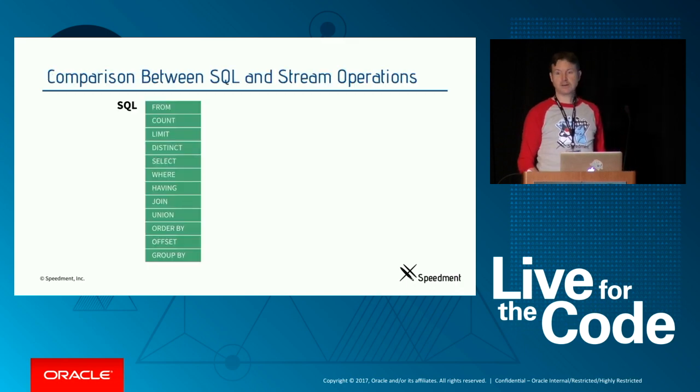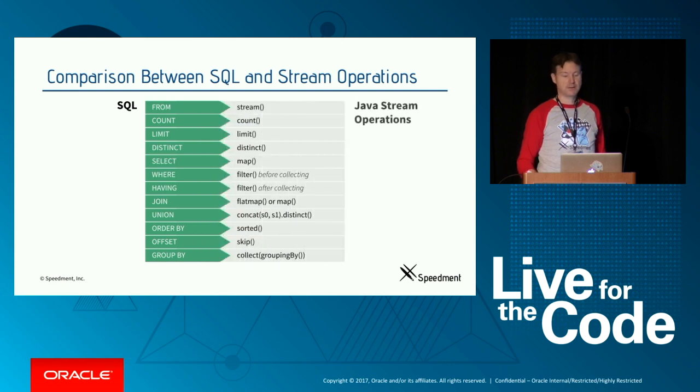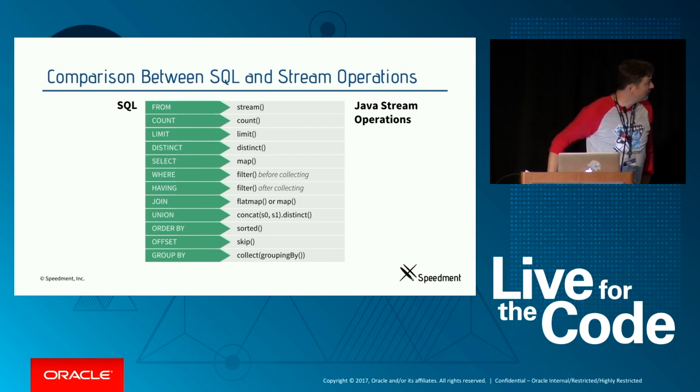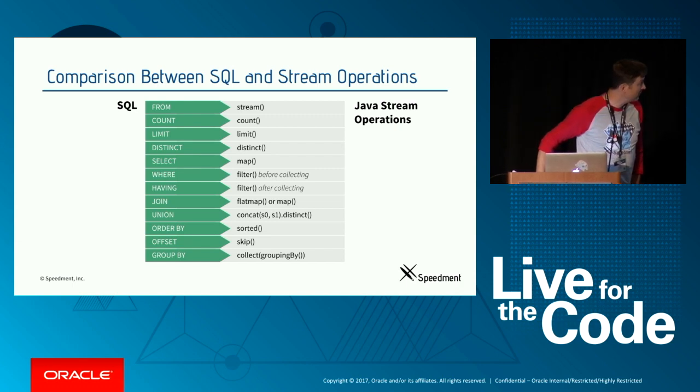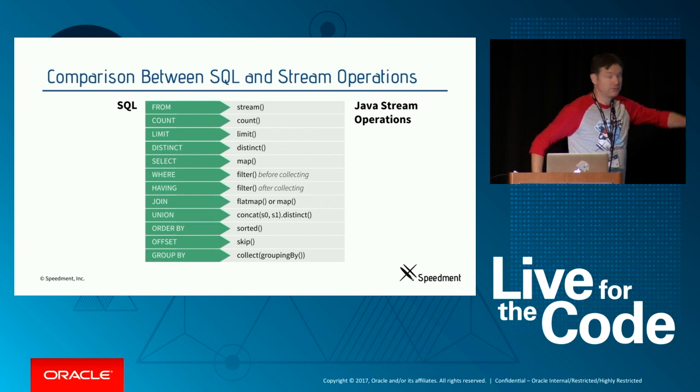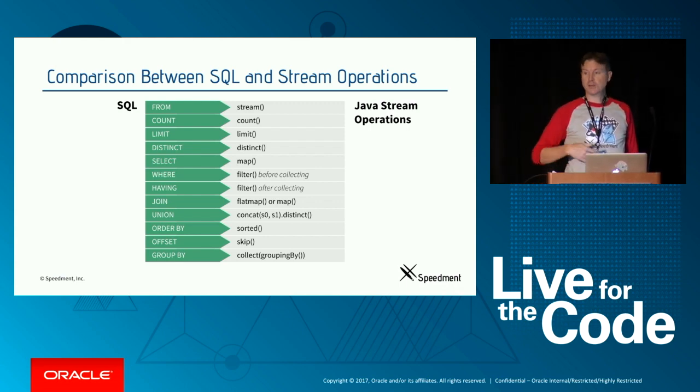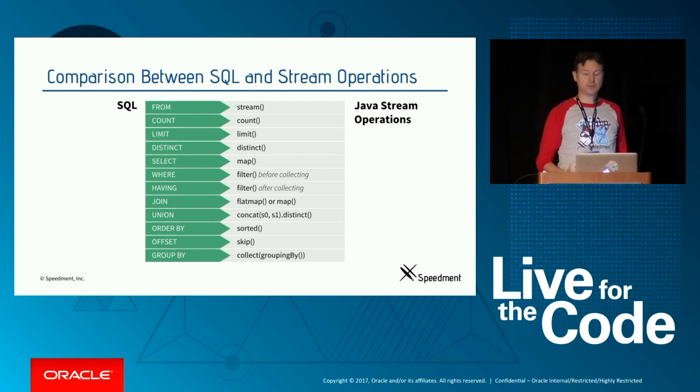And of course, if you look at all or almost all SQL commands, there is a corresponding stream operation, and they are very similar. So for example, count is count, limit is limit, distinct is distinct, and there are some others like where is called filter instead, but it's basically the same thing. So it's very easy if you know SQL to write a stream.